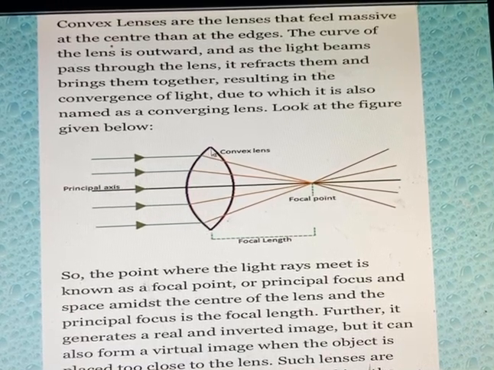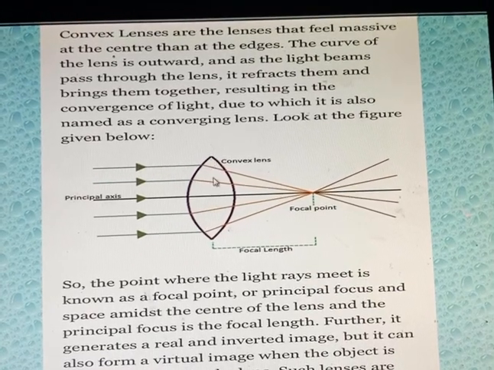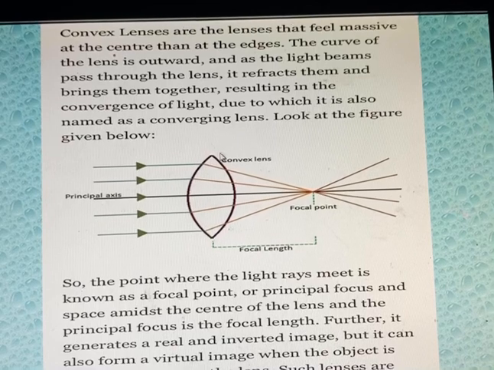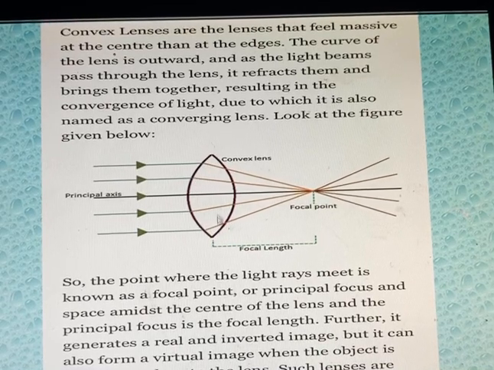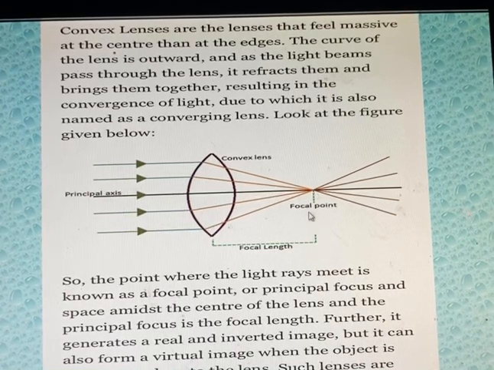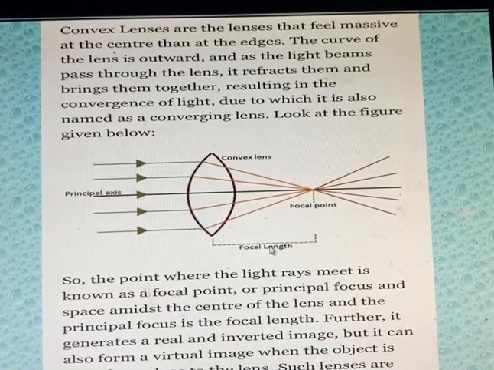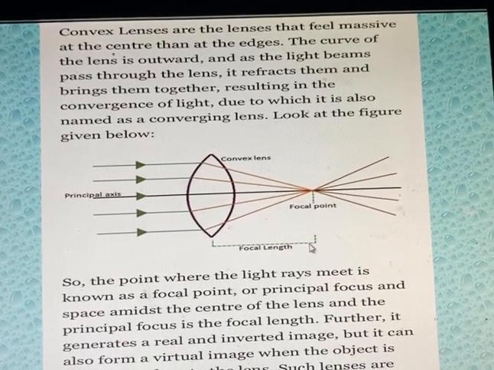And the center of the lens from where divergence starts is called the central axis, and the distance between this central axis and the focal point is called the focal length, right?